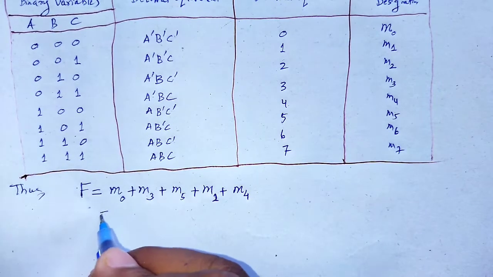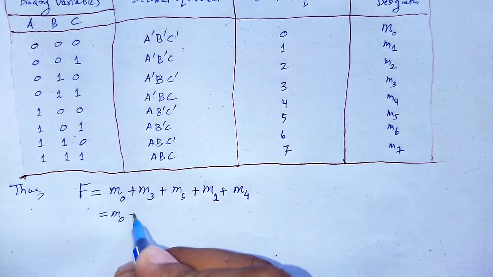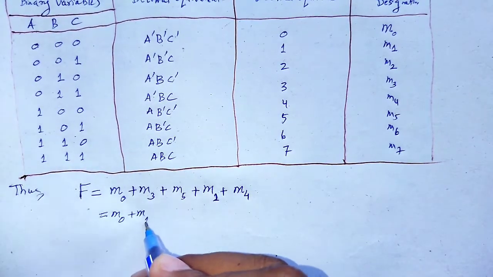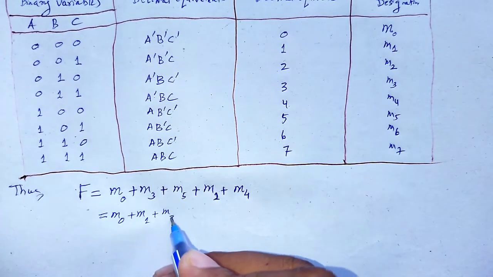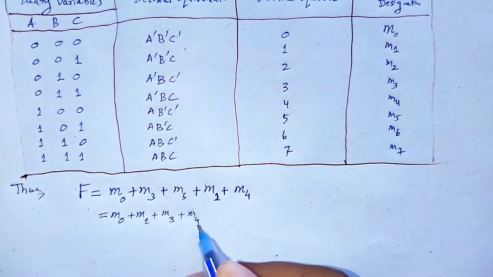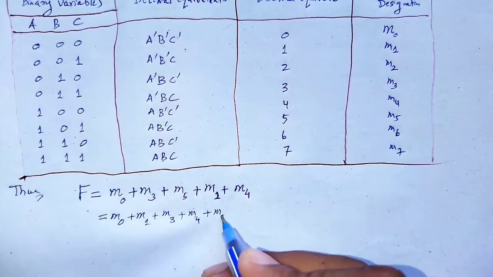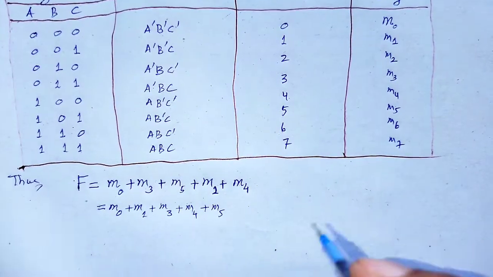Rearranging this, we write m0 plus m1, m3, m4 plus m5. We write it in ascending order.